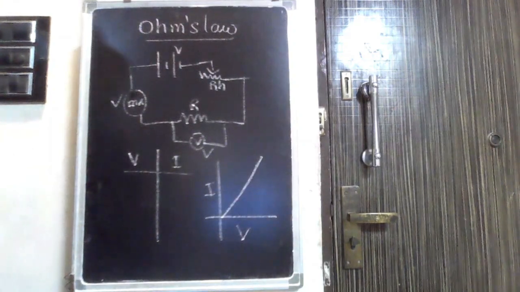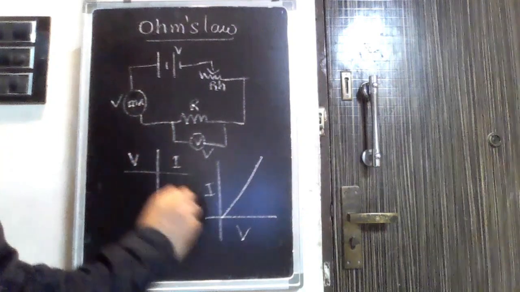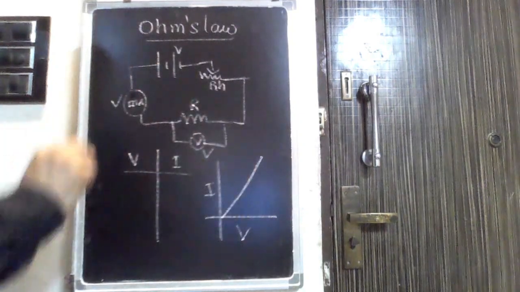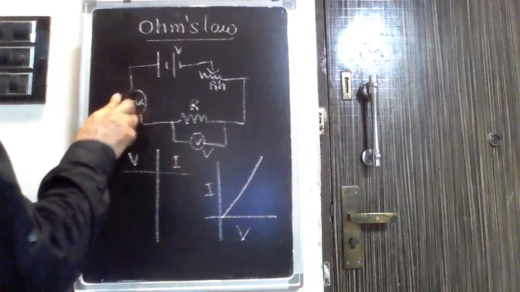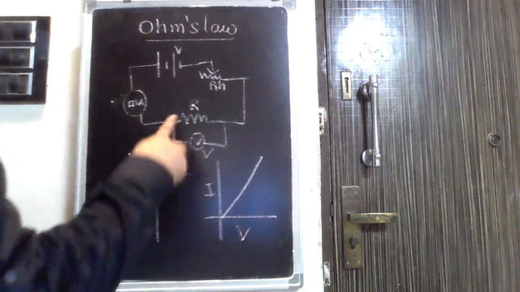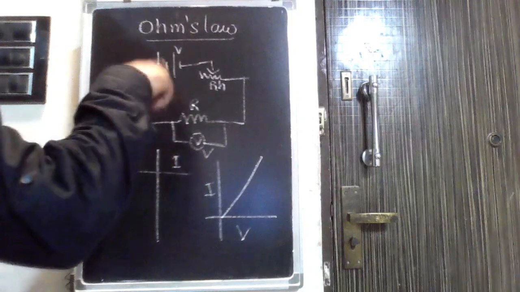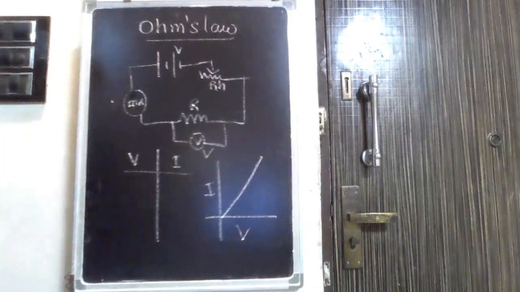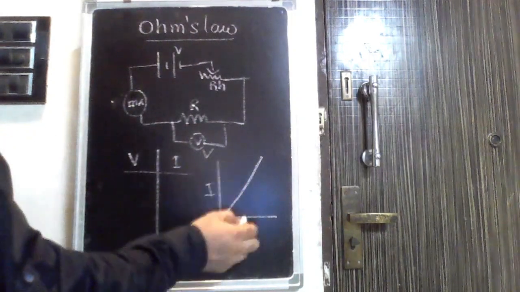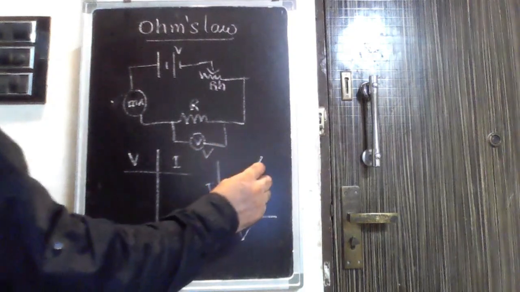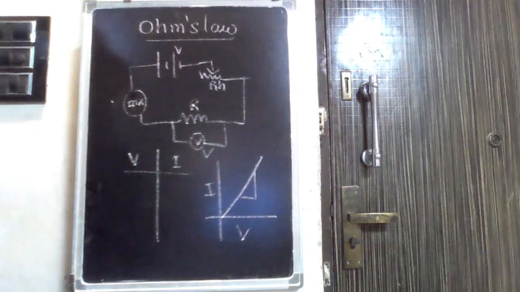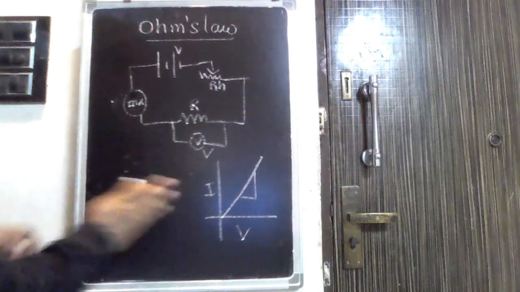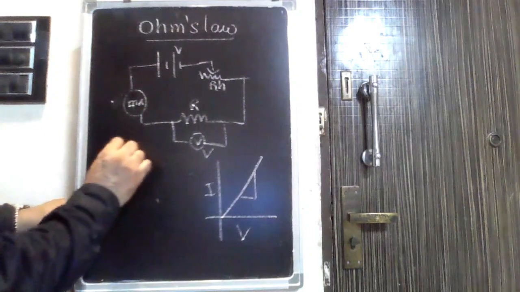So what Ohm found out was, if a current flows through a circuit, clearly the current in the circuit always depends on the voltage, or the potential difference across the battery connected. So V and I are always proportional, and for him, the V and I graph is a straight line. If you take the slope of the graph, the slope is always going to be equal to tan theta.